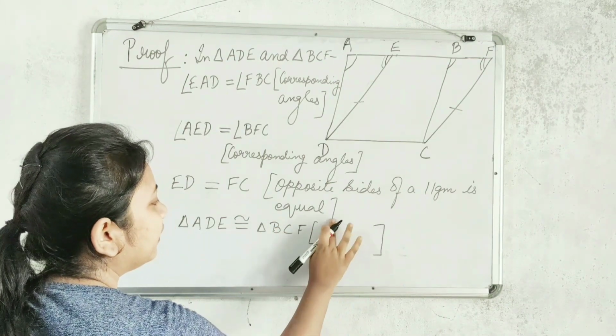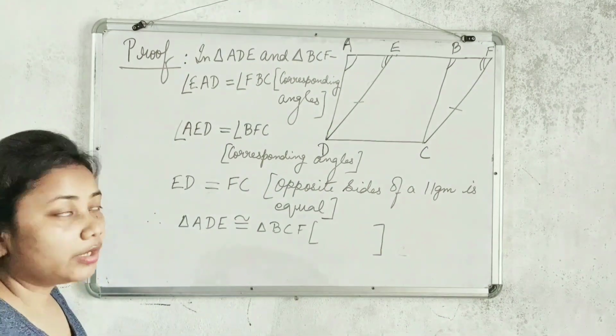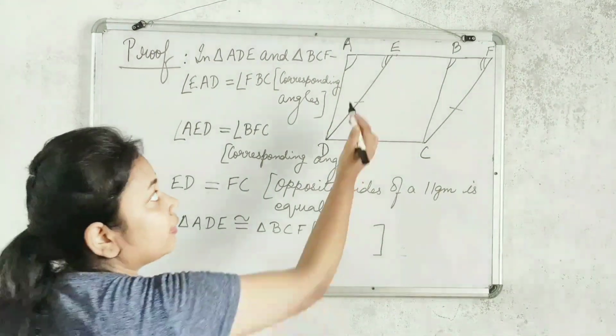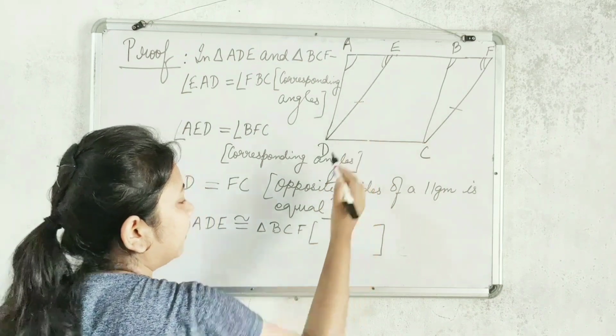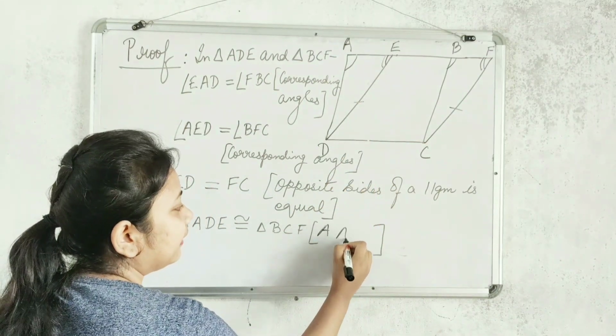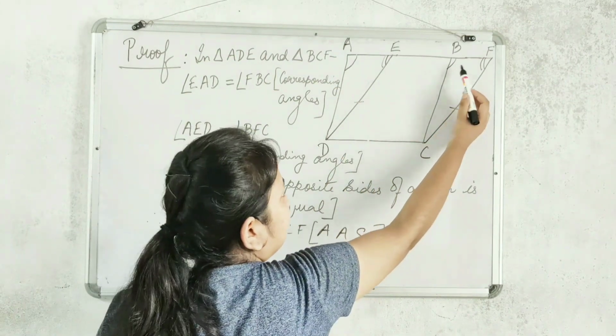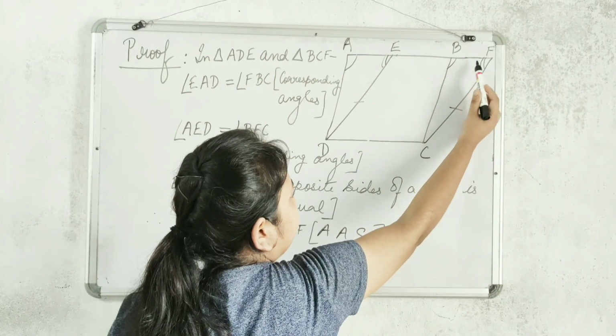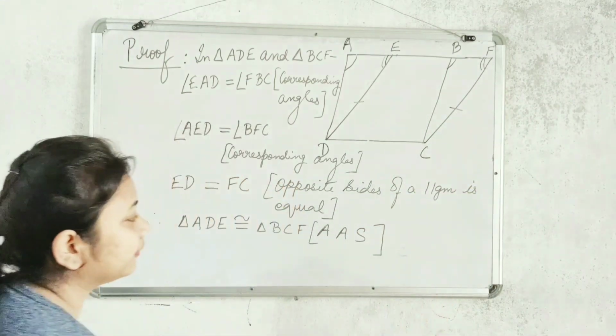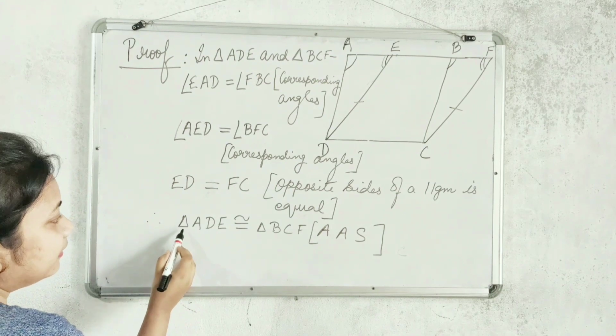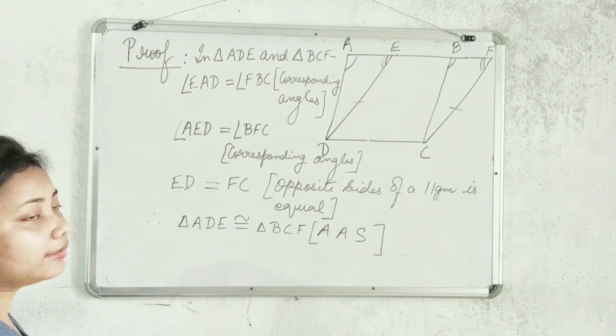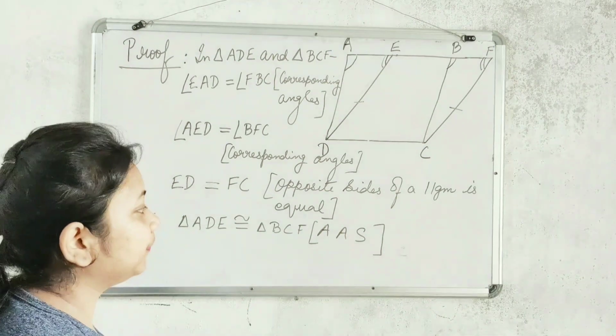Now, which criteria are we going to use? We are going to use the angle side criteria, so both the triangles are congruent to each other.